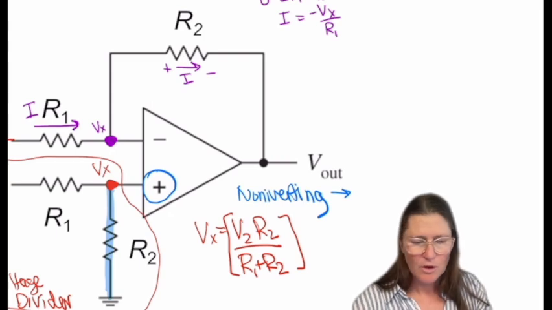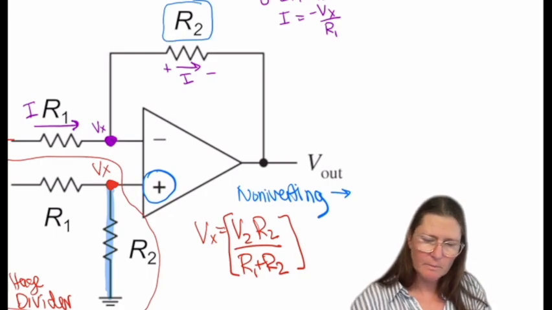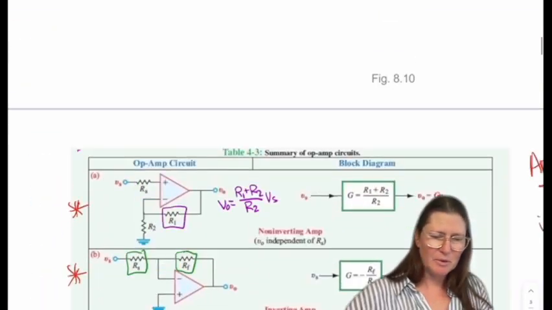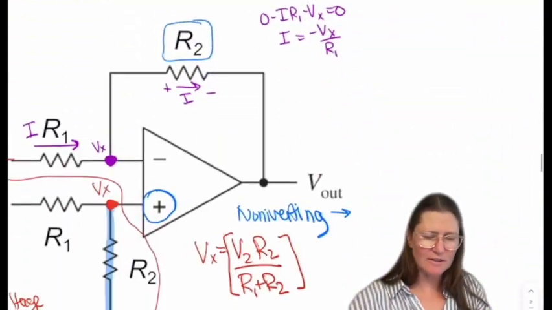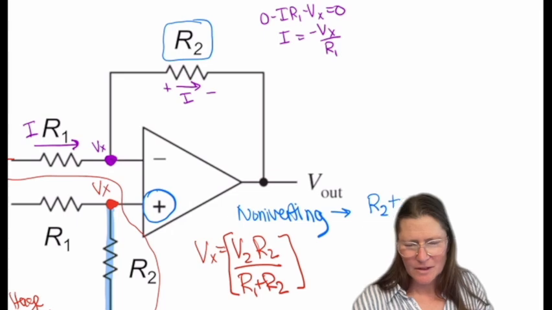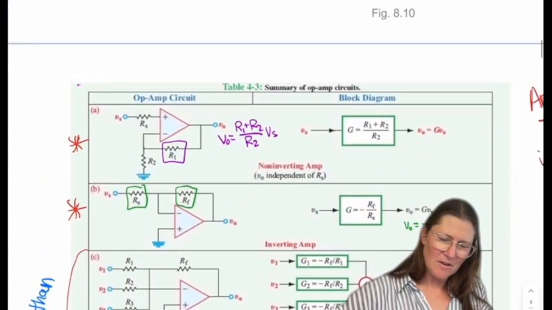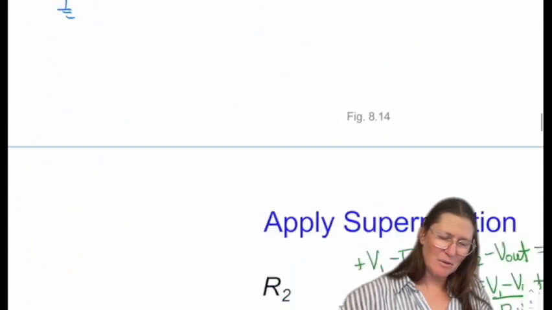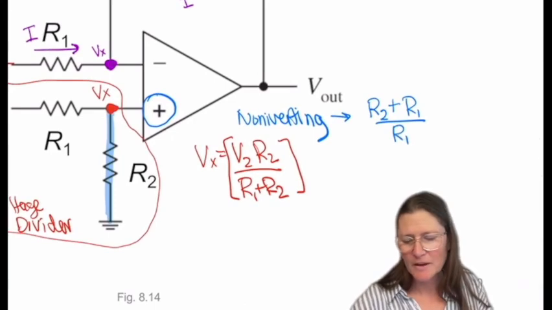So R2 is this one, and this one was R1. So you just have to be careful that you're using the right variable value. Over R1, divided by the one on the bottom, which is R1. That was confusing to use those.